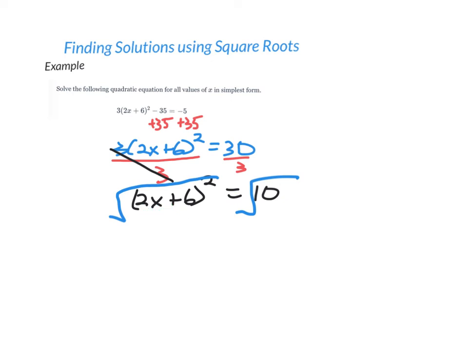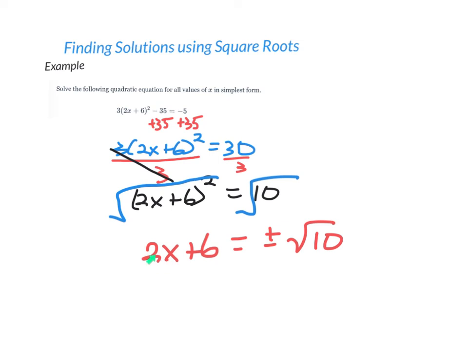Remember, if you're simplifying and you end up with a number times itself, or this expression times itself, then one of those comes out. All I'm trying to say is that the square root of (2x + 6) squared is 2x plus 6, equals, on the right side, the square root of 10, which cannot be simplified. So we're going to call that plus or minus the square root of 10. Because remember, a square root of a number has two answers, the positive and the negative.